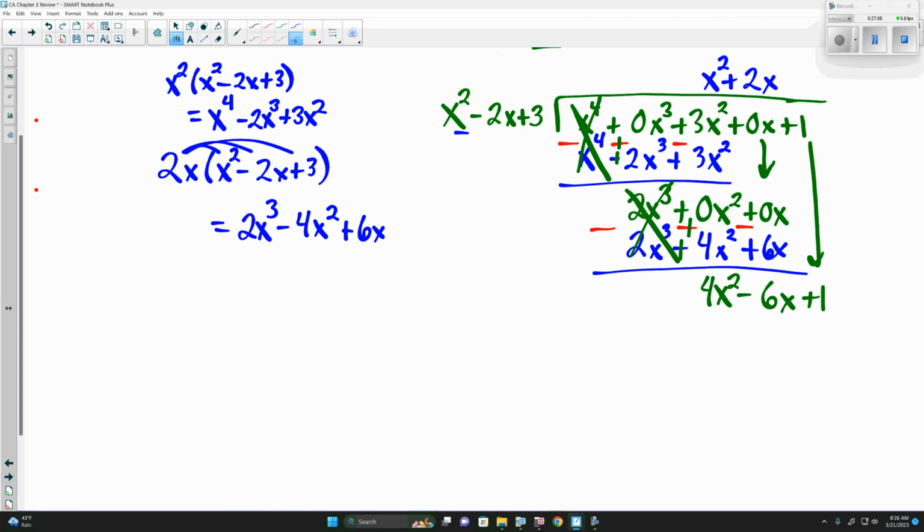Last but not least, what times x squared is 4x squared? Plus 4. So now we're going to multiply the whole thing by 4, which will give us 4x squared minus 8x plus 12.